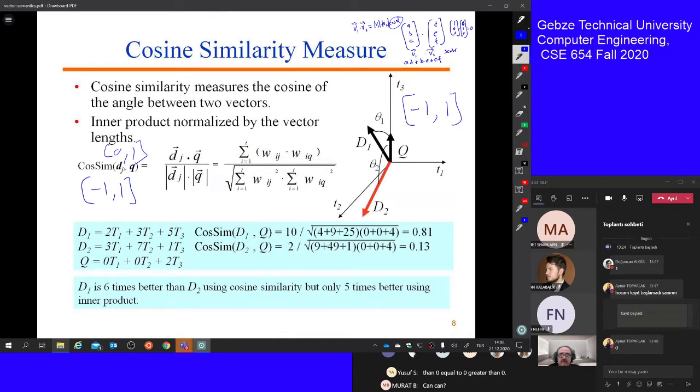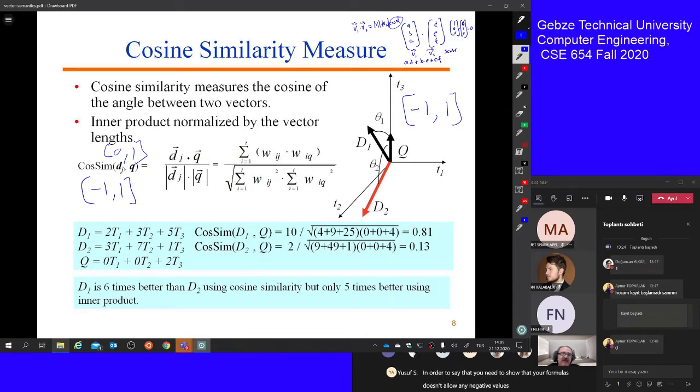May I ask a question? Sure. Can we say that since we are making our calculations with the distances of these vectors, and distance cannot be negative, so can we say that, basically? Well, yeah. But in order to say that, you need to show that your formulas don't allow any negative values.